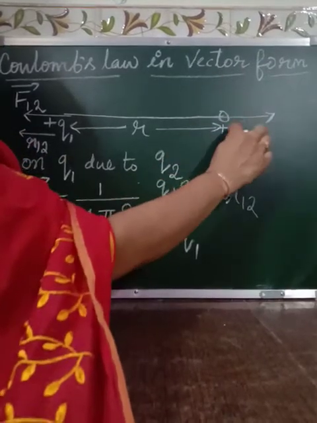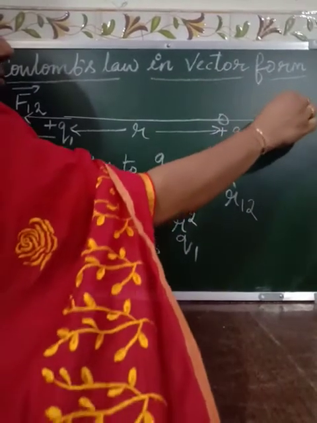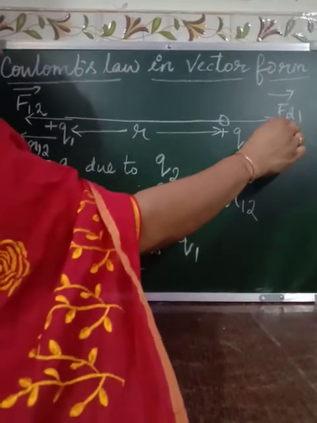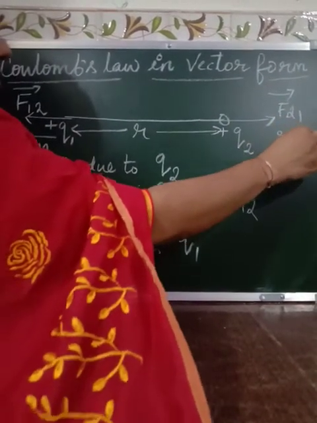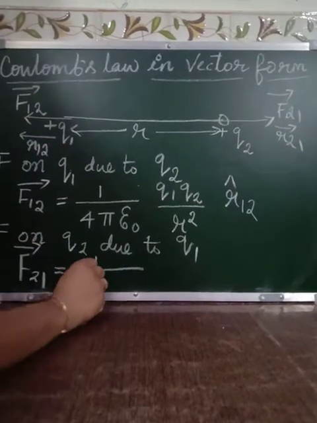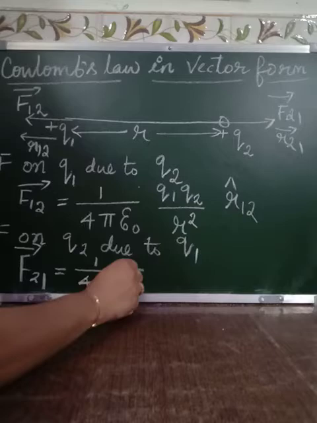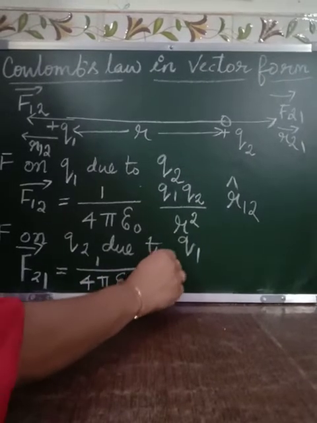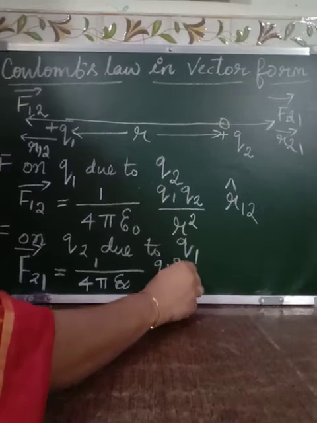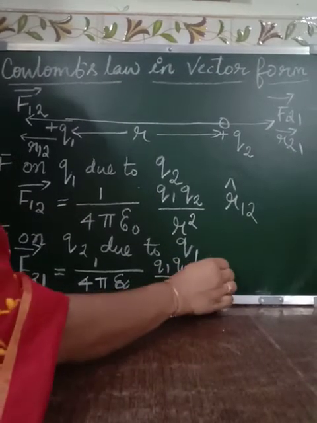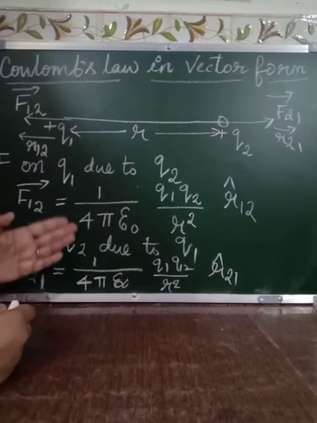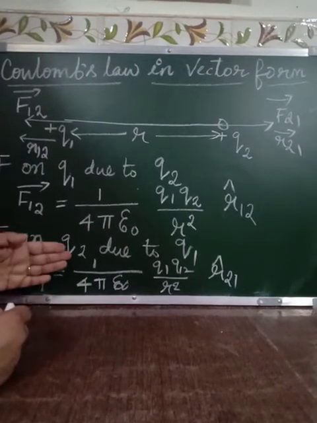Force on Q2 due to the charge Q1, that is F21. And the corresponding position vector is R21. So here F21 is equal to 1 upon 4 pi epsilon naught Q1 Q2 upon R square unit vector R21. In this way we can express Coulomb's law in vector form.